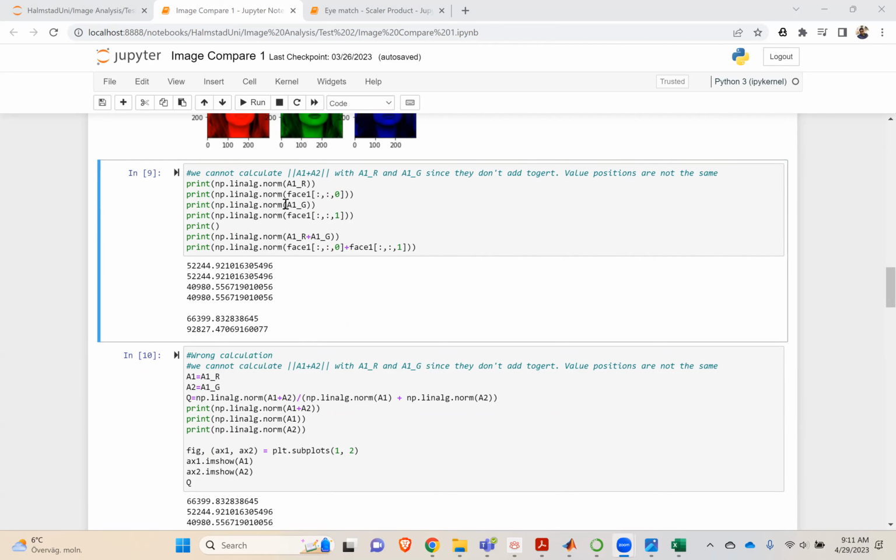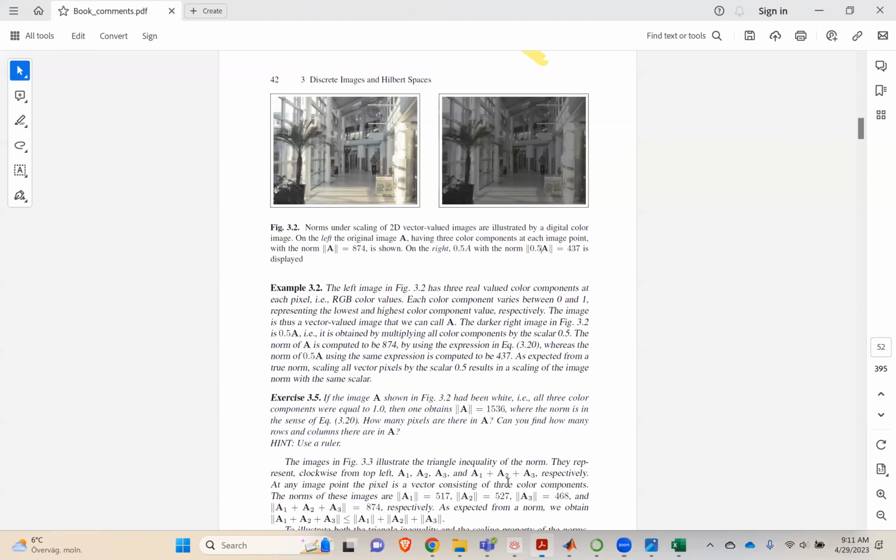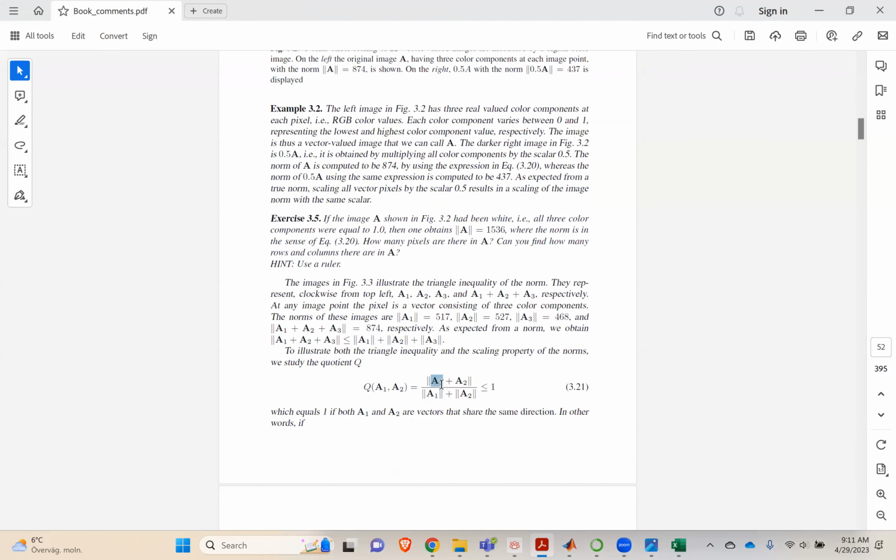Okay. So when we compute this Q value, you can see the equation itself. First, we need to add the 2 images together, then pass the result in here to calculate the norm. But before calculating the norm, we need to add them together. Let's say we take 2 images, A1 equal to a vector with 2 pixels, 1 and 1, and A2 equal to 2 and 2.